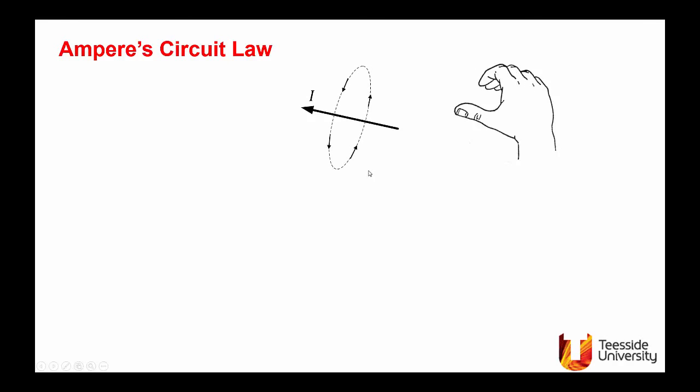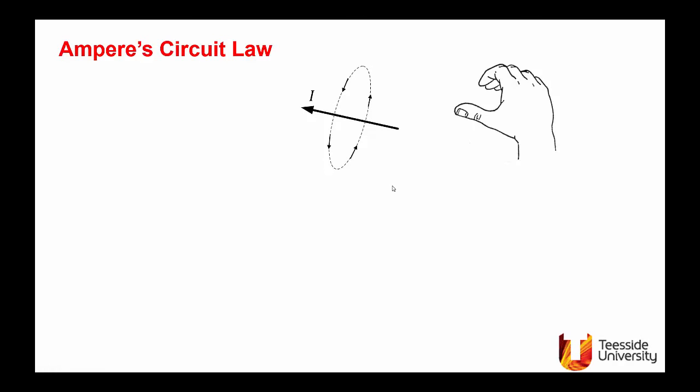In this case, if the current is going as shown, like the thumb, then the fingers give the direction of the magnetic field. And from symmetry, there will be concentric circles, getting weaker and weaker as you go away from the conductor.